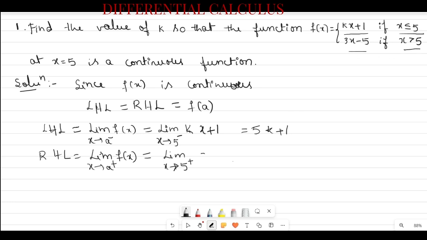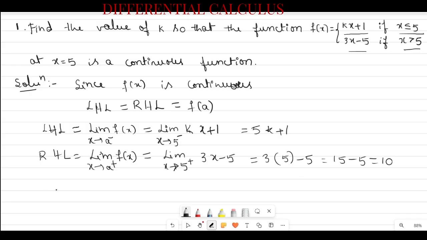So that is 3x minus 5. Substituting, it becomes 3 into 5 minus 5, so it is 15 minus 5. We will get 10. See, we got the left hand limit and right hand limit.